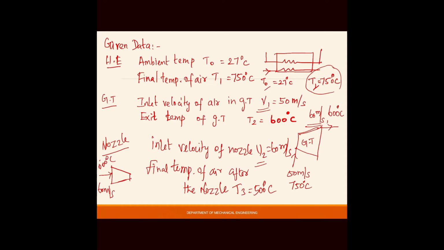At the exit of the nozzle we only know 500 degrees centigrade, because the exit velocity of the nozzle we have to calculate. So this is the given data for this problem, and we also add another one: the Cp value is 1.005 kilojoules per kilogram Kelvin for air.